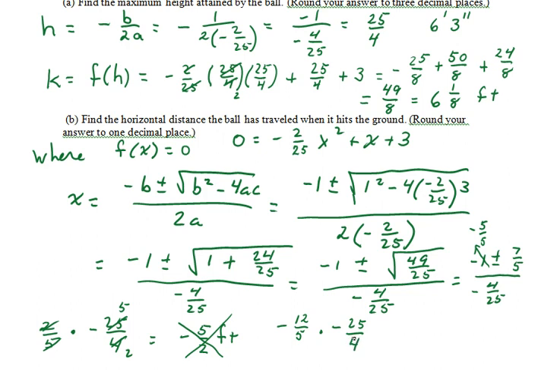Again, we've got some canceling that can occur. So we get 15. And this is our solution for the application. The ball reaches the ground 15 feet from where it was thrown.